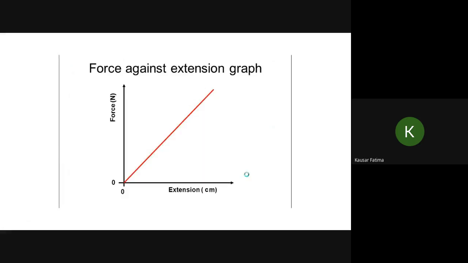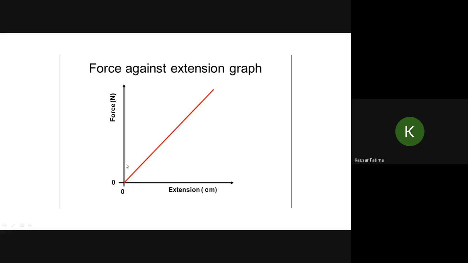And the graph will be plotted taking force along the y-axis and extension along the x-axis. You can do the other way around also, meaning you can take extension on y and force on the x-axis. So here force and extension, and the graph is a straight line.